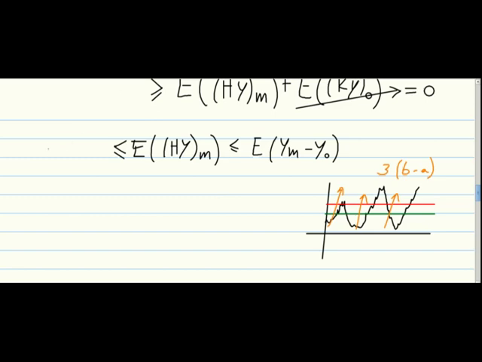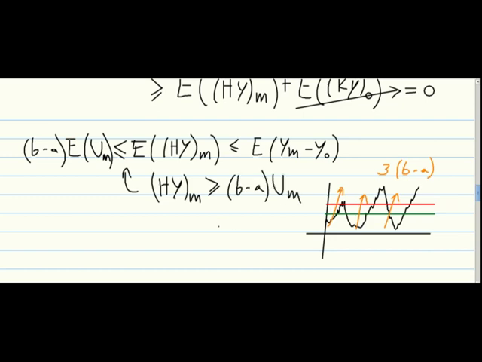So here we can lower bound the expected profit by B minus A times the expected number of upcrossings until time m. And the reason this is true is because for every configuration, (H·Y)_m is at least (b minus a) U_m. So if this is true for every configuration, we can reflect this in the expectation.